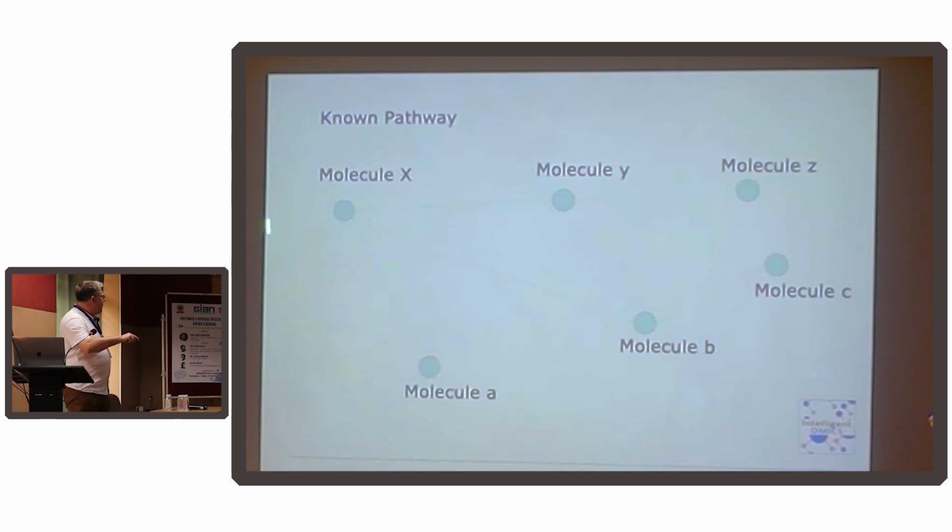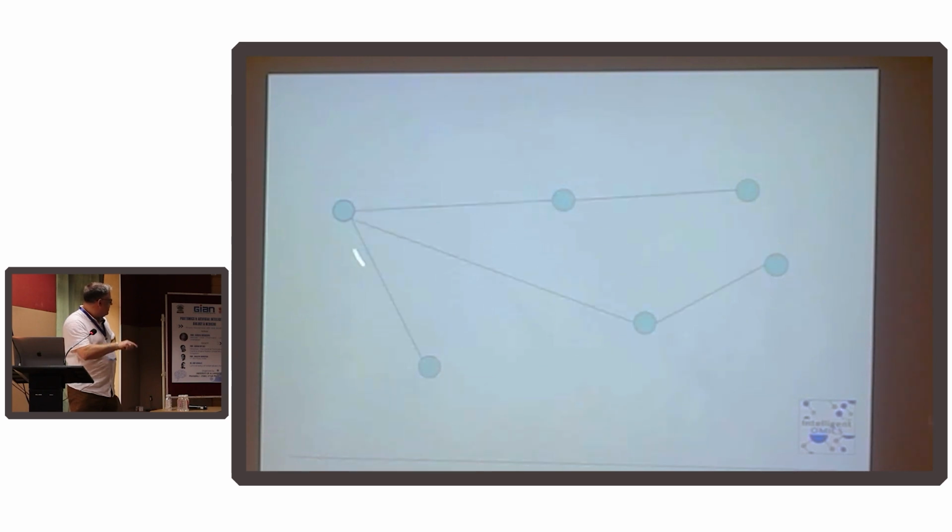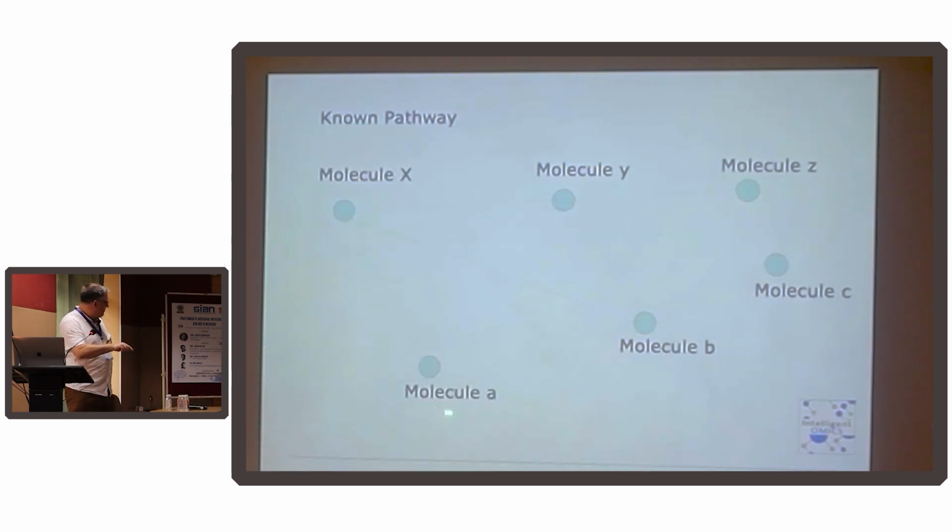Let's say we have a hypothetical pathway where molecule X is known to link to Y, which is linked to Z. Molecule X links to B, which links to C. Molecule X links to molecule A. So that's a simple pathway. Each one of these blue dots is a gene, and they're thought to link together in a molecular pathway.